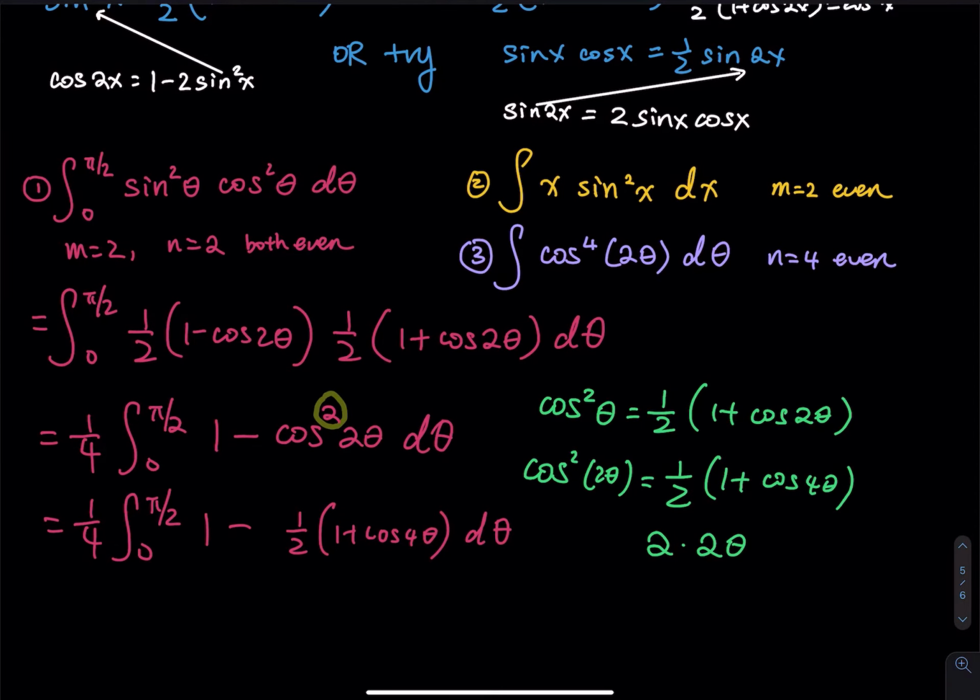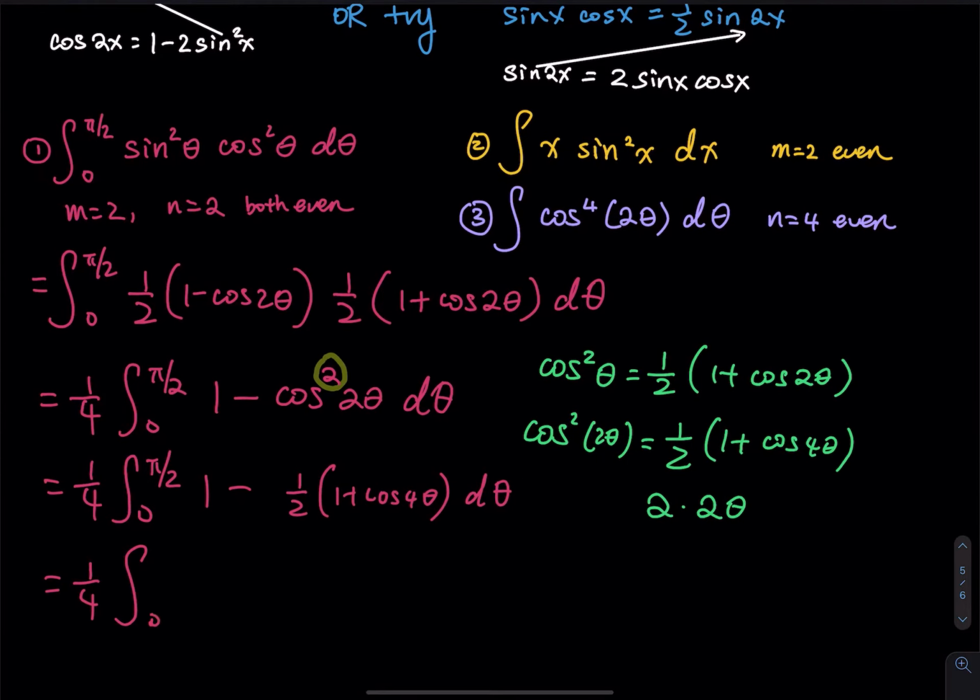That's completely fine. And then you open up the parenthesis, so that is 1/4, and we have an integral from 0 to pi over 2 of 1 minus 1/2, and then minus 1/2 cosine of 4 theta d theta.